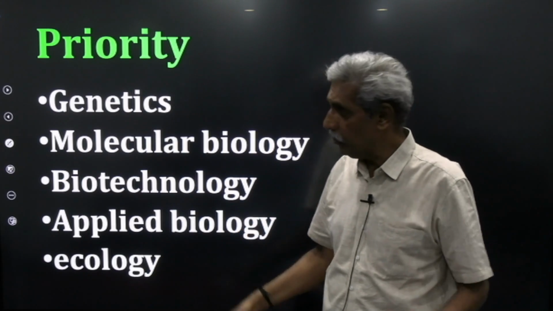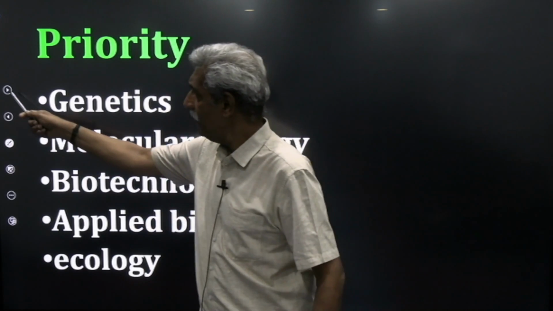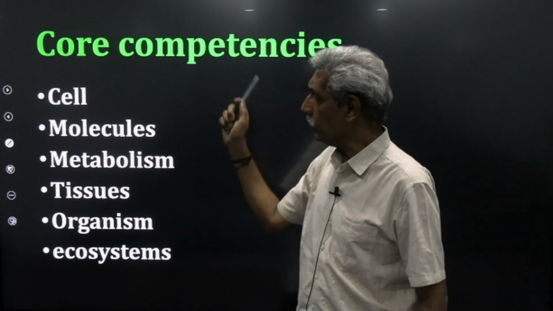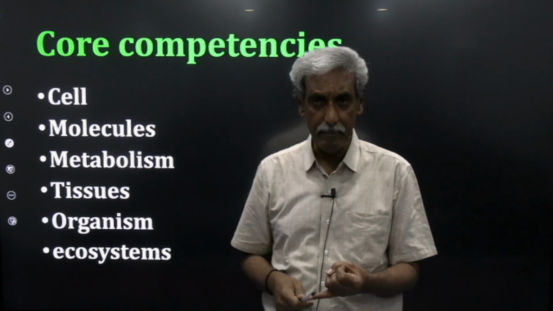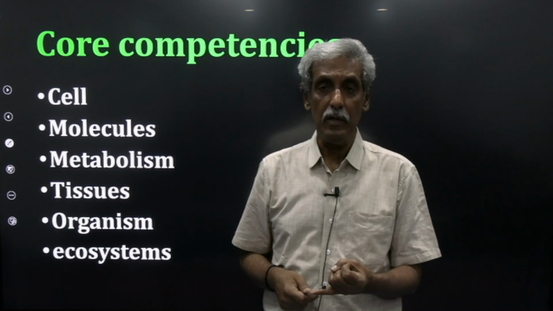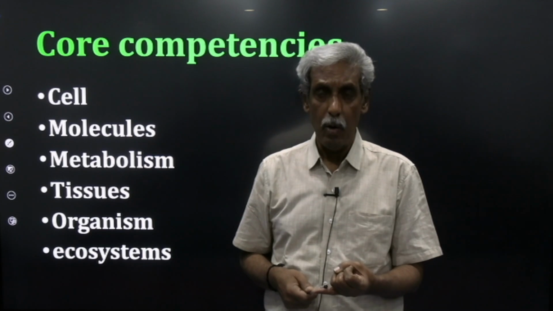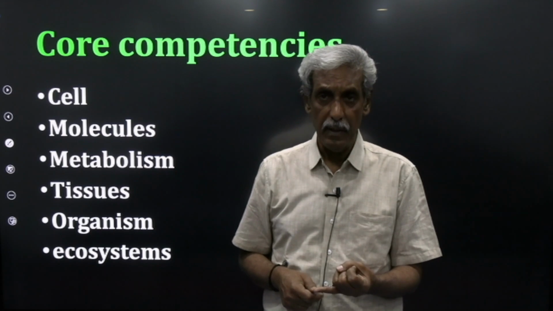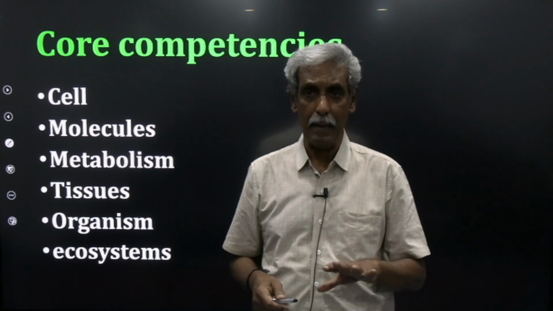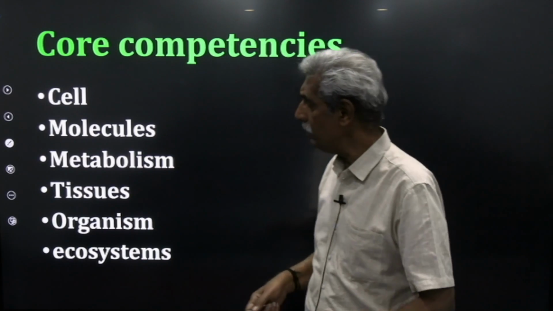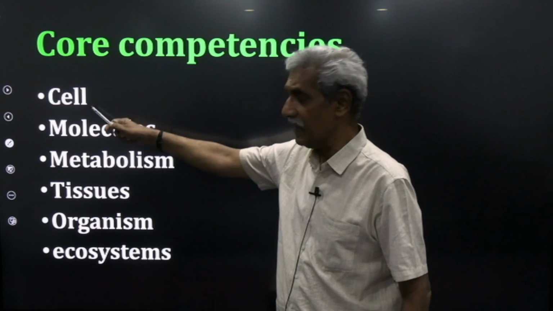Looking through all these areas, we understand the core concepts, whether you're reading plant sciences, that is botany, or zoology, animal sciences, or microbiology, or human physiology. The core questions coming in NEET are from the levels of organization: What is a cell?